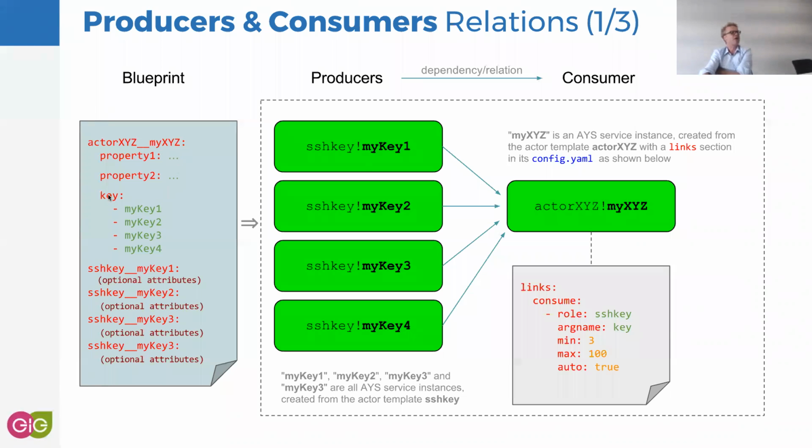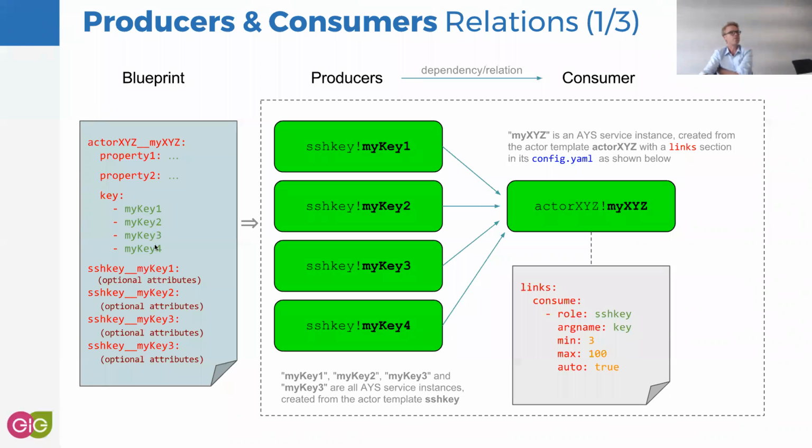And one of the attributes is that we need a list of key names. And here I'm very specific: key 1, 2, 3, 4. I even take 1 more than really necessary. And then I have 4 definitions in the blueprint. I say I want to instantiate also key 1, key 2, 3, 4, all based on this template. And that's the name that I then reference there.